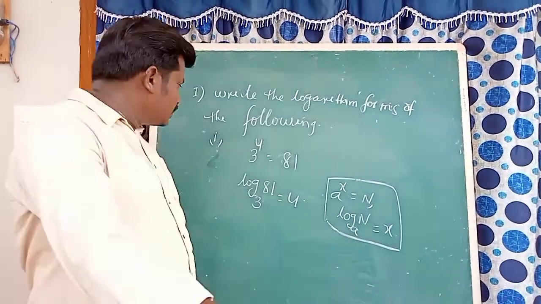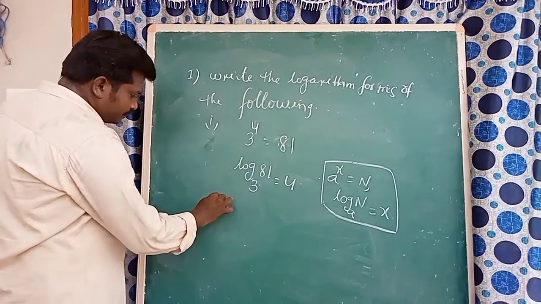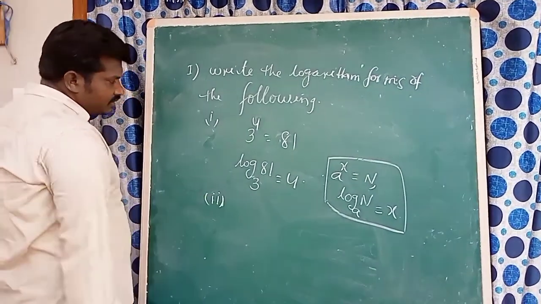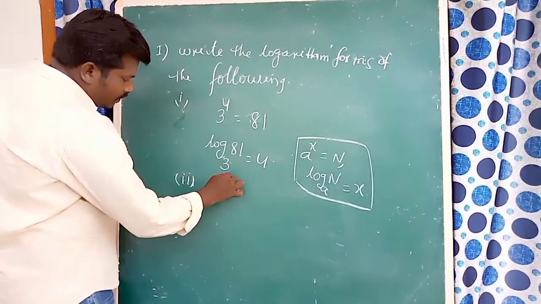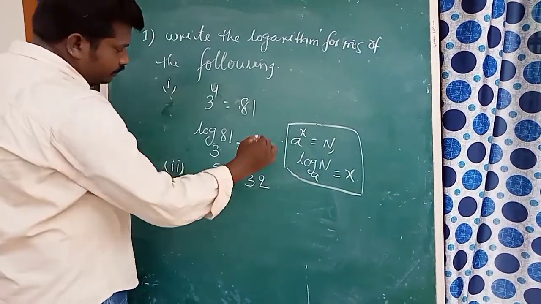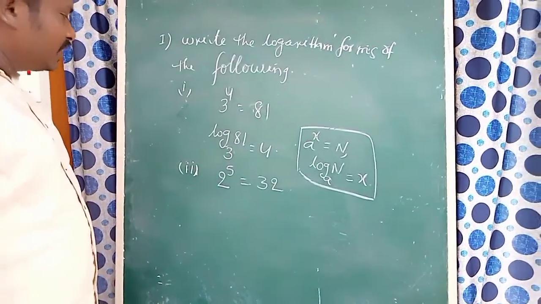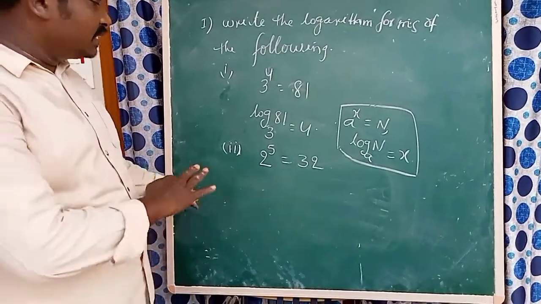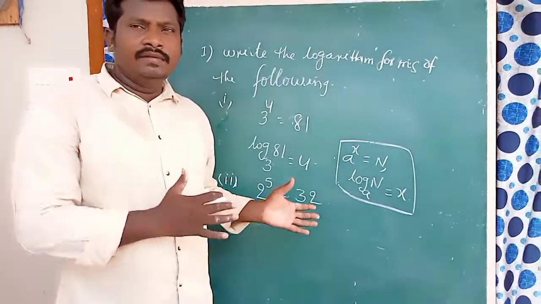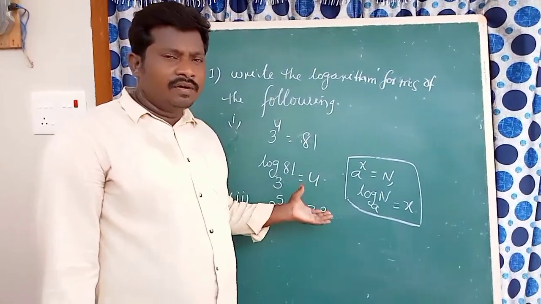And also write down one more problem based on this: 2 power 5 is equal to 32. The exponential form is given, so we have to write the equivalent logarithmic form.